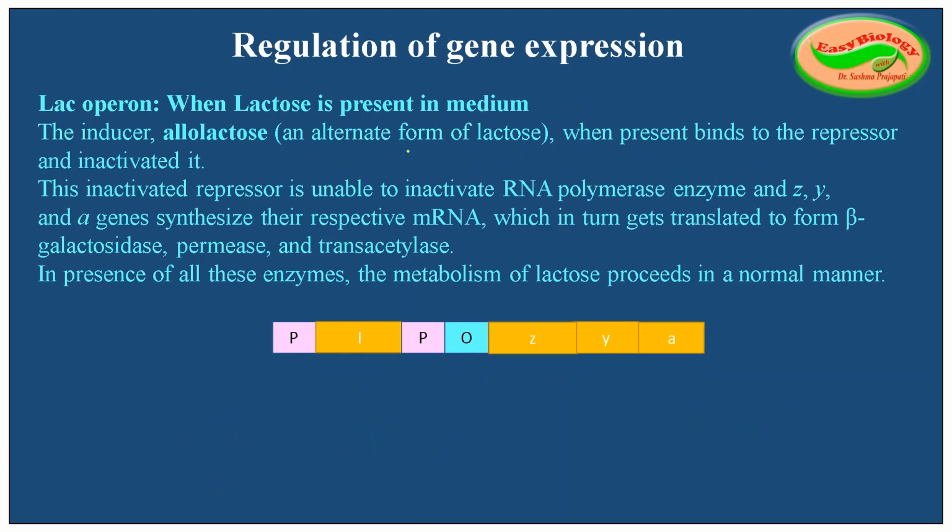Then the second condition, when lactose is present in the medium. When lactose or allolactose, an alternative form of lactose, is present in the medium, the gene I will produce the repressor messenger RNA, which is translated to produce the repressor protein.